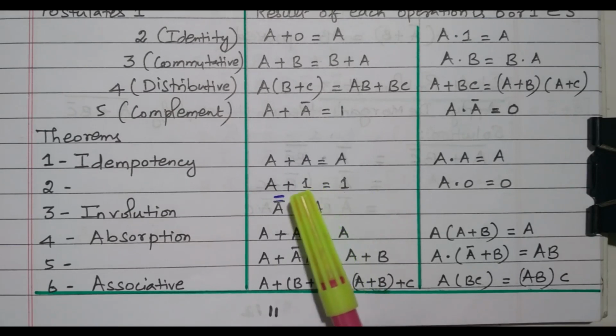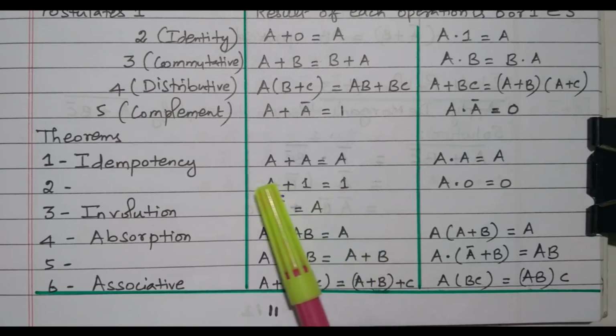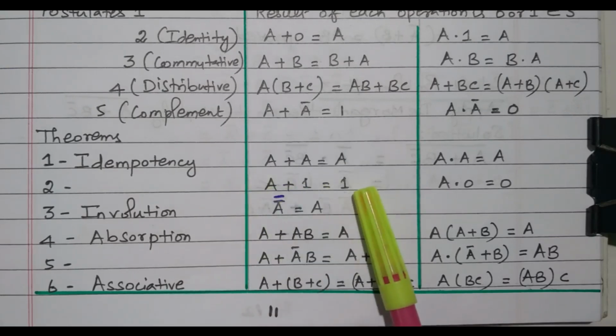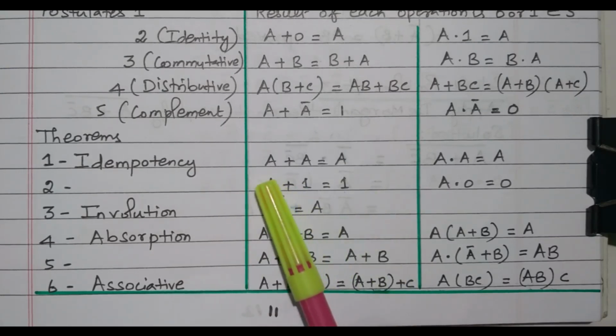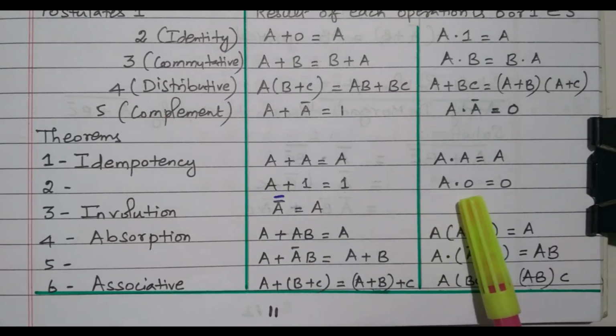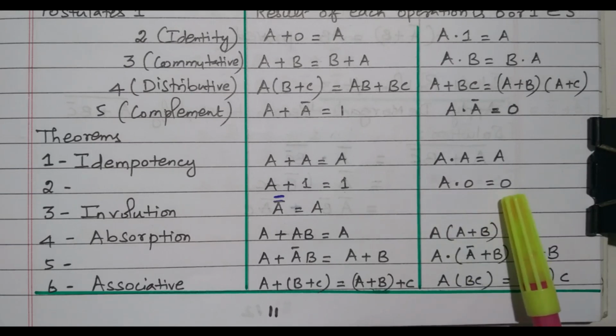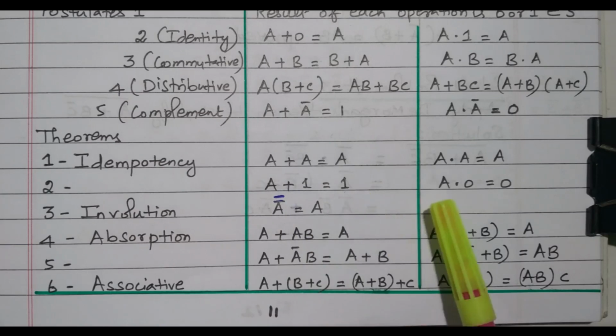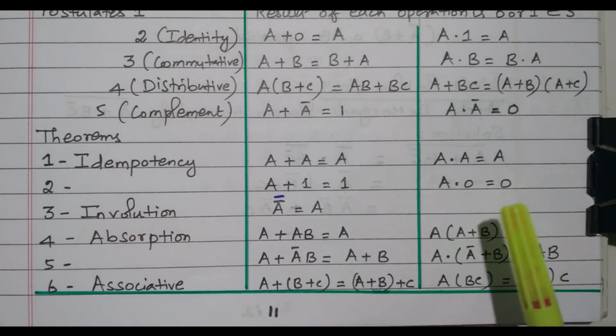We need not worry about the value of A; the result will be 1. Similarly, A dot 0 equals 0, because one variable is 0. Whatever the A value, multiplying will give only 0. So A plus 1 equals 1, A dot 0 equals 0.